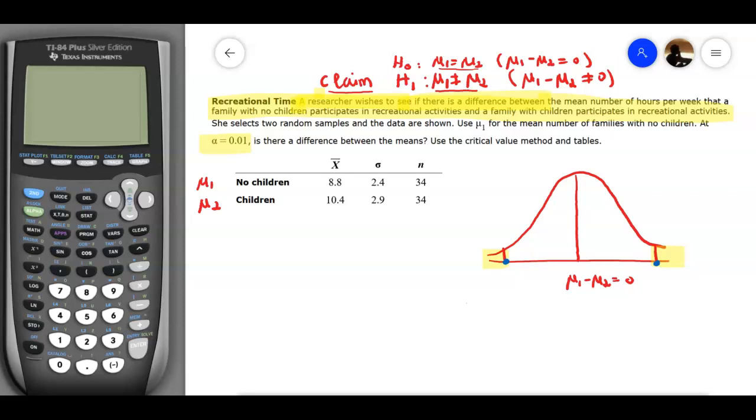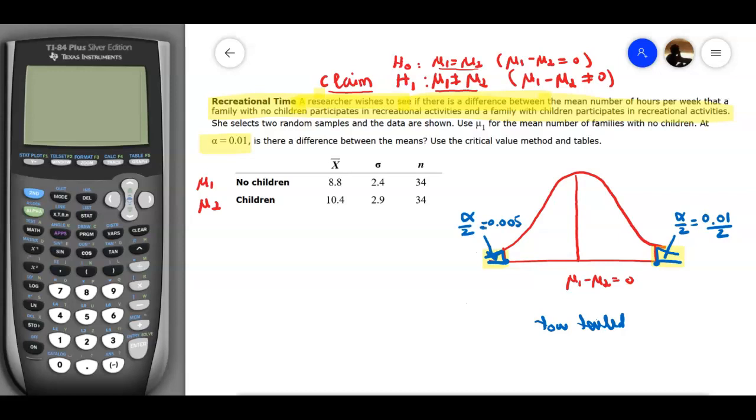Now if I have a two-tail distribution, then the alpha should be distributed in these two tails, which means I'm going to put alpha over 2 here and alpha over 2 here, and this is 0.01 divided by 2, which equals 0.005.